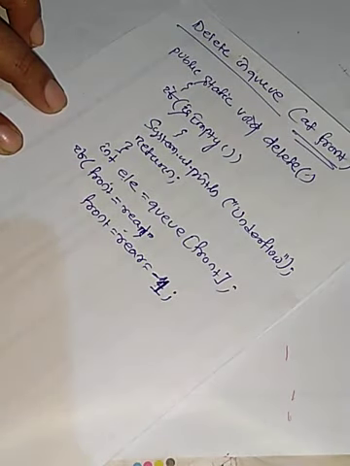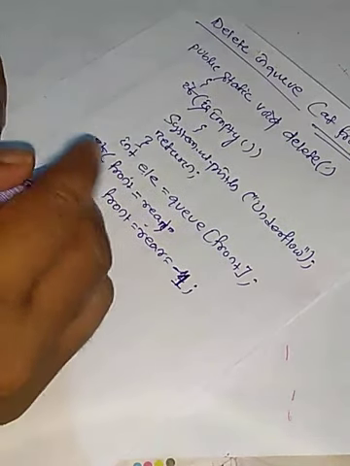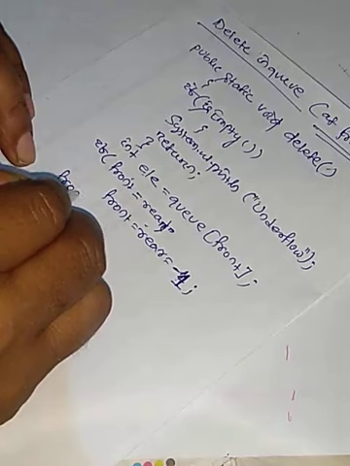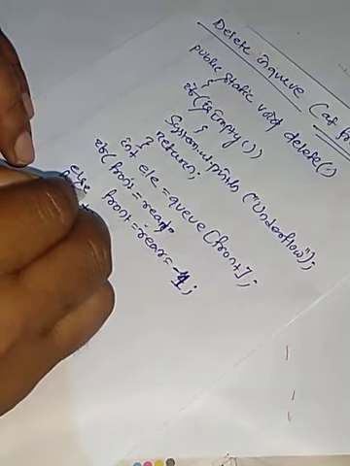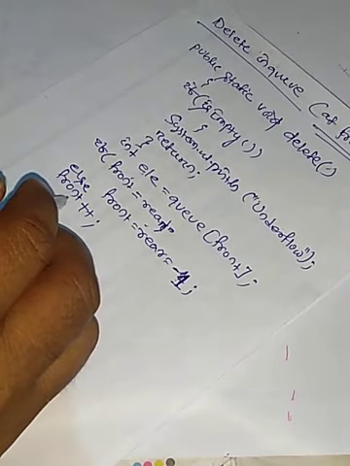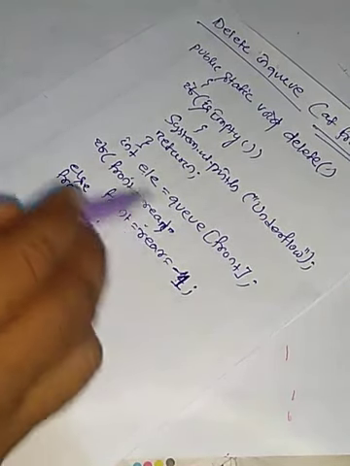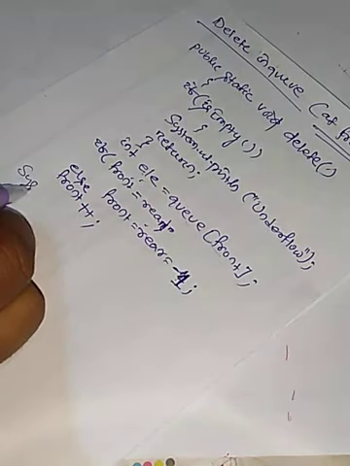If there are more than one element, we'll increment the front so that the element at front will be deleted. So front plus plus, else front plus plus, otherwise we'll increment the front. The element which was at the front is the item to be deleted, so we'll display that.